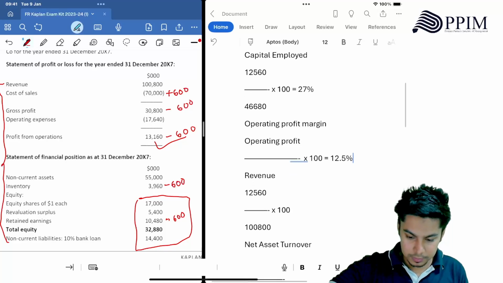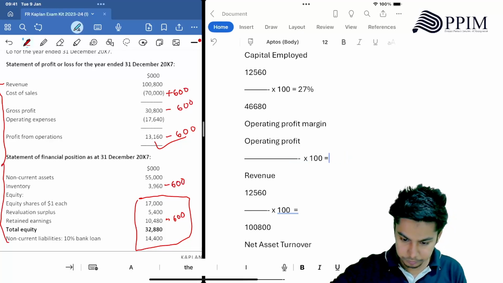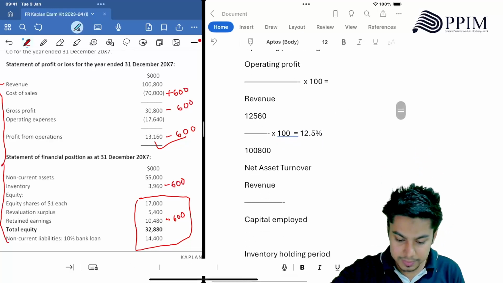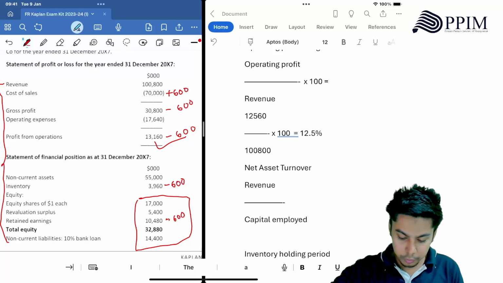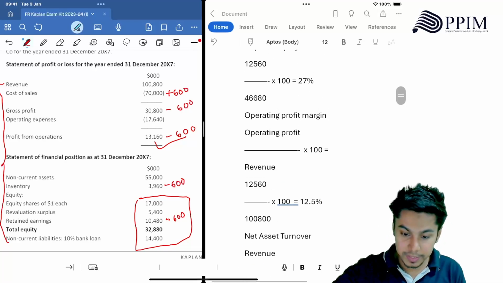Then over here we have the other one. Sorry, it should be here. 12.5%. Next one, net asset turnover. Revenue is going to be 100,800 divided by capital employed.